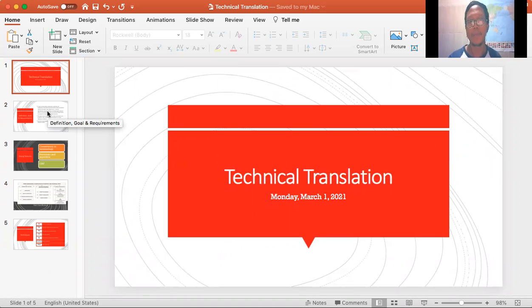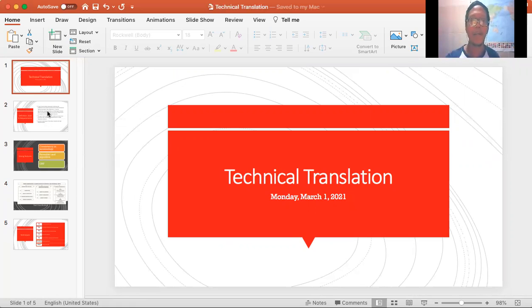First of all, of course, we need to know what is called technical translation. If you still remember our discussion in the translation and interpretation class last semester, one thing that you probably still remember is that technical translation is different from literary translation in that it deals with texts that are not literary. Well, that's fine.